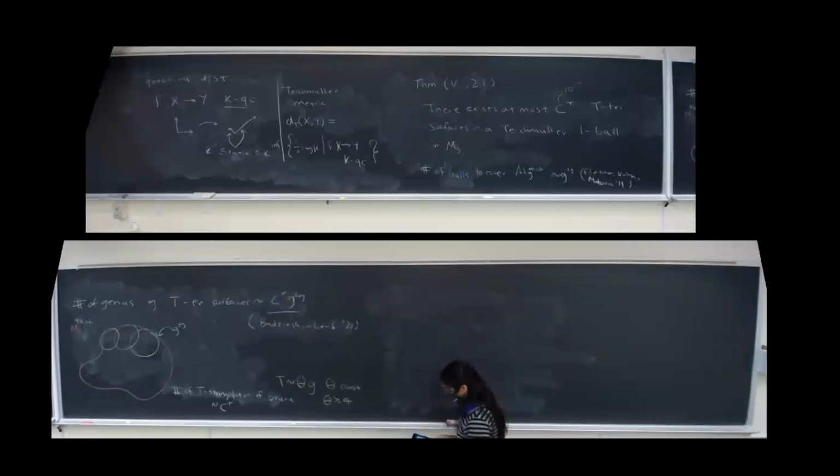I remember trying to make a small diameter for large genus. You have to take a big disk and put little things around the boundary. So there's a big disk inside. I don't know if that's high probability or not, but it fits with that log G estimate. If you try to make something a lot shorter than log G, then you have to make a big thing, and the area is proportional to the genus, right?